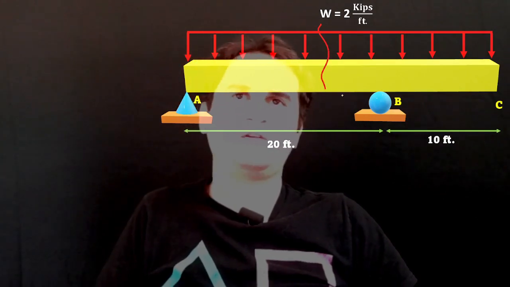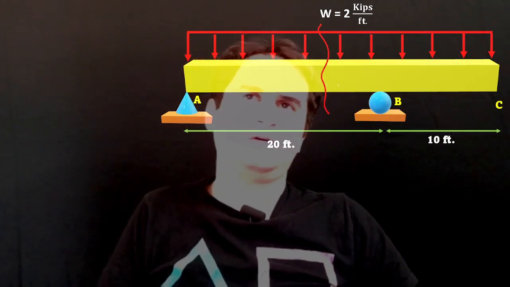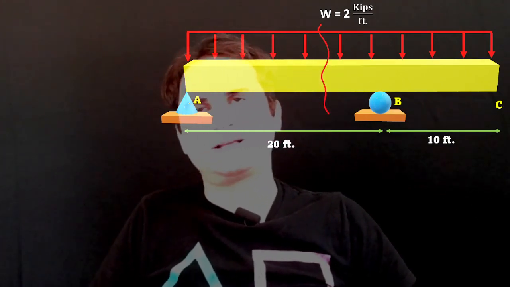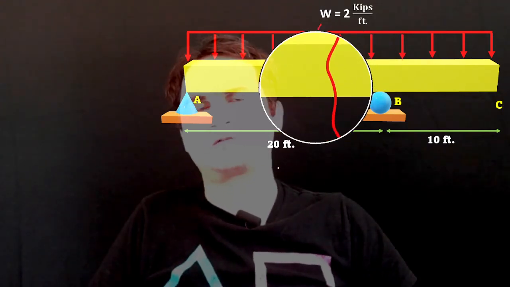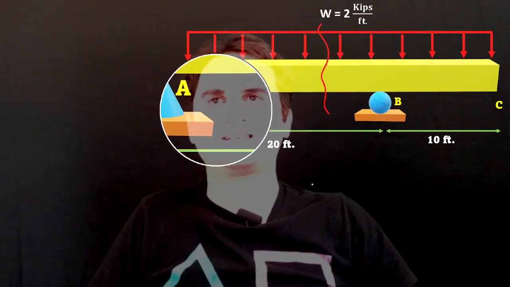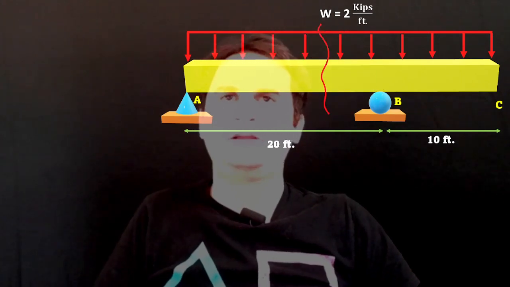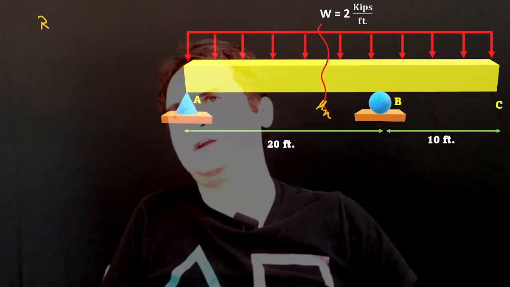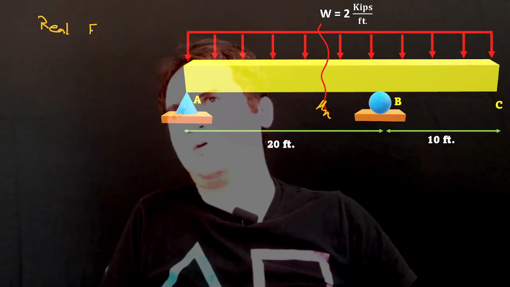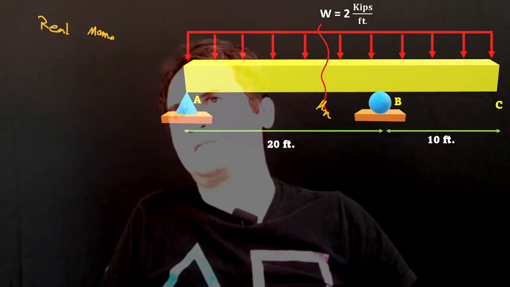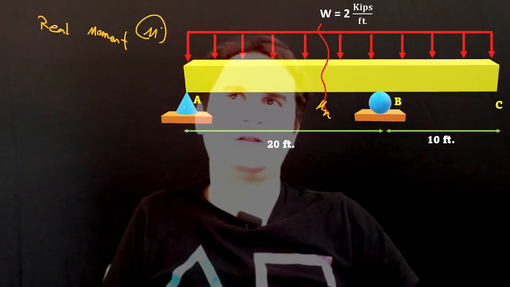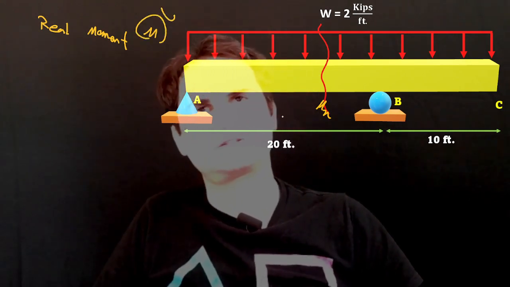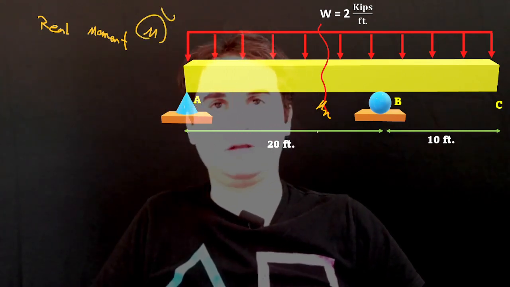If we cut our beam at an arbitrary distance from A to B, this is our cross section, and you can see we have a moment here, which is Mx. We are in the real part, so we use capital M. Why is that? Because we are calculating the structure due to its own real forces.